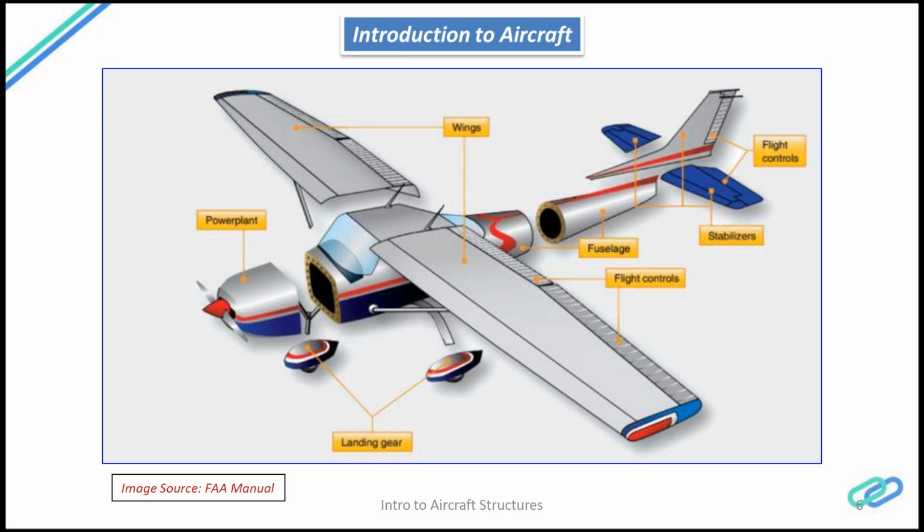There will be a bracket, a lug kind of structure, that will be attaching these control surfaces, and there will be hydraulic or pneumatic type of connections that will help the movement of these flight control surfaces. When the pilot pushes the button, the movement will be achieved.